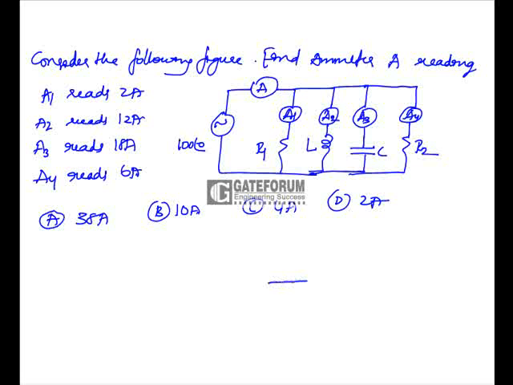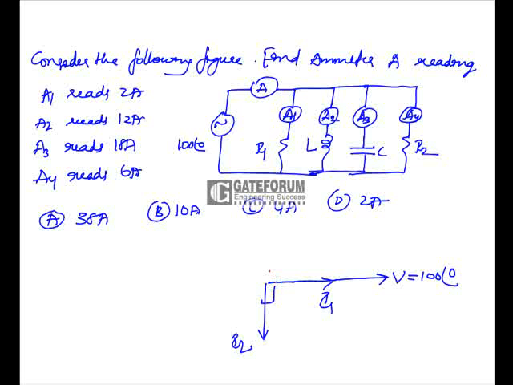Let us take the ammeter current reading as I1. This is the voltage V, which is equal to 100 at an angle 0. I1 will be in phase with V. I2 will be lagging, since this is an inductor, and current lags voltage by exactly 90 degrees.